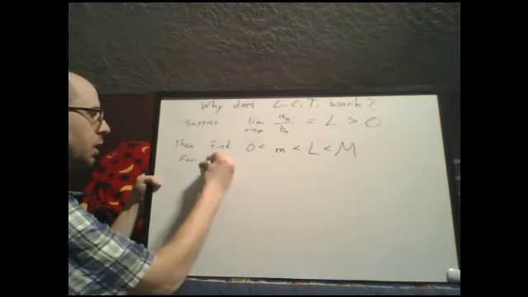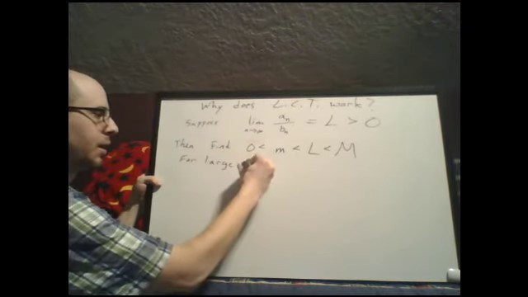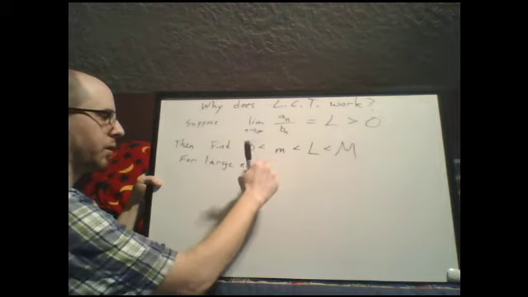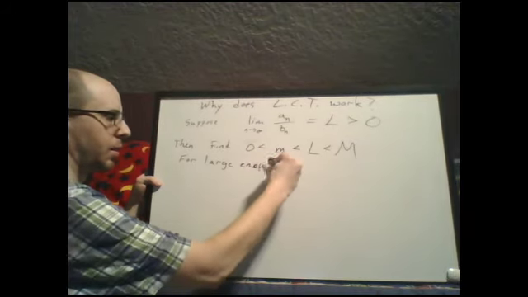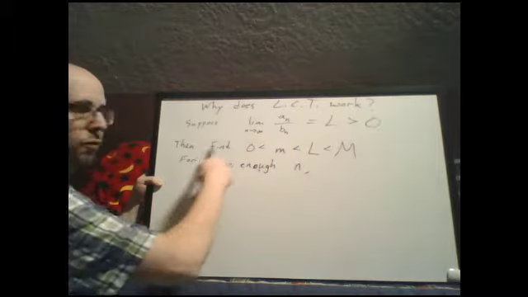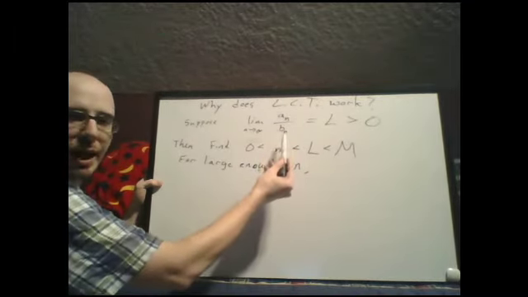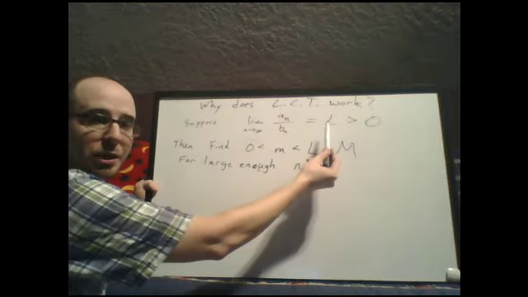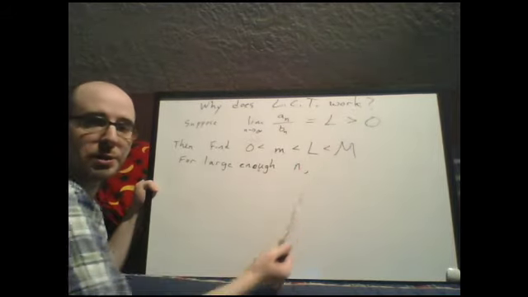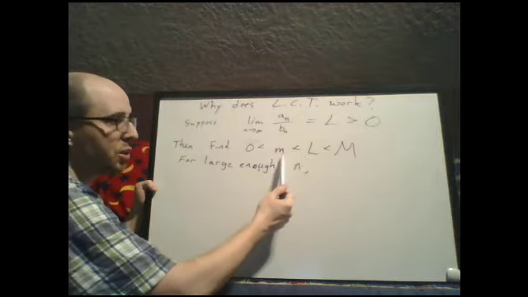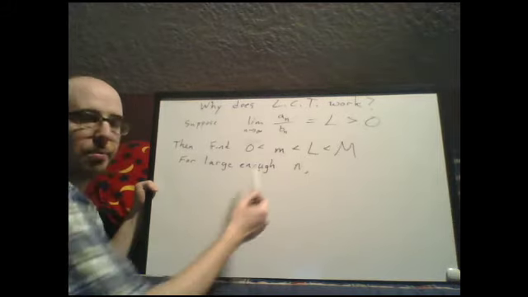Then, for large enough n, so I go sufficiently far out in my sequences, this fraction, an over bn, has to get arbitrarily close to L. It has to get closer and closer to L. So eventually, it's going to be between these two numbers.